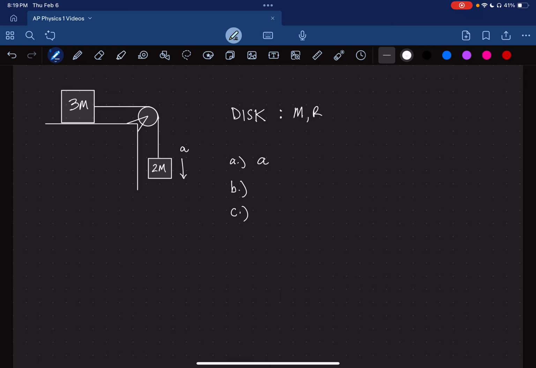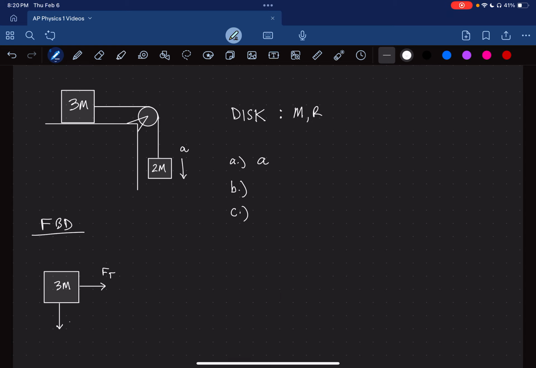Let's draw first a free body diagram for both of these objects here, the 3m mass, which has a tension force on it. It has gravitational force mg, but this is numberless.